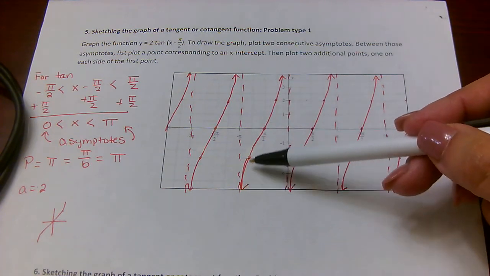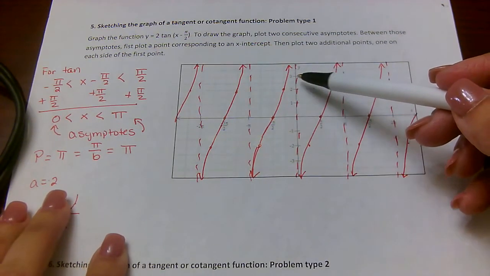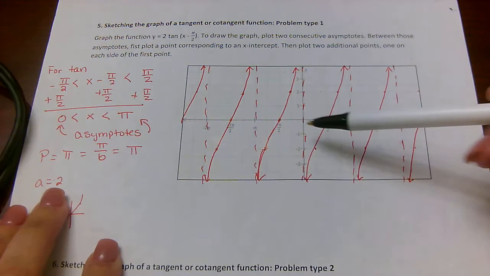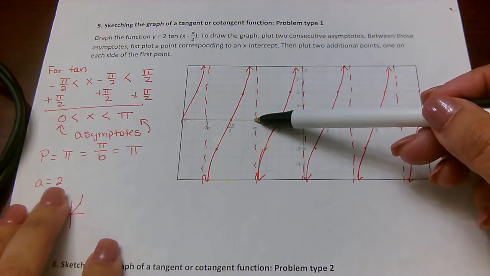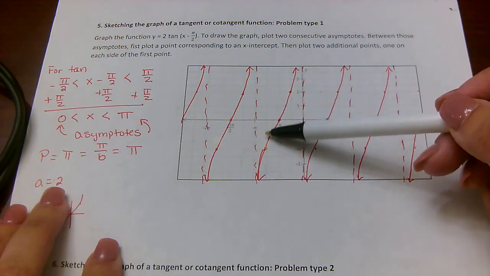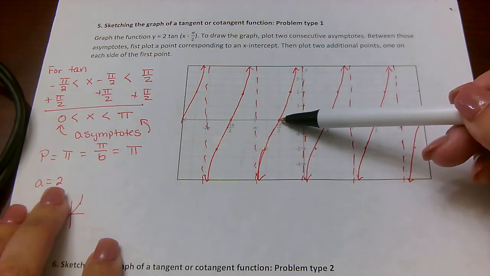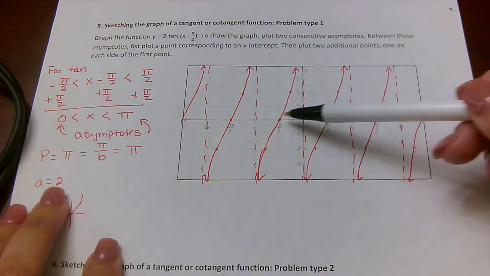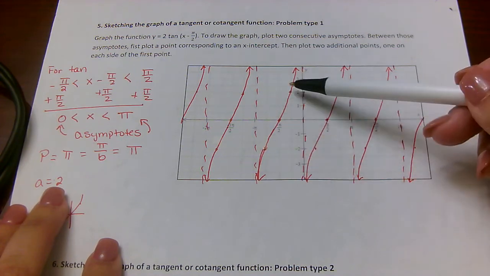So the direction is going to be in this direction. Okay. Since A is equal to 2, the points that are between the center and the asymptotes, right in the middle, have to be marked at -2 and +2. So these are going to be my values.